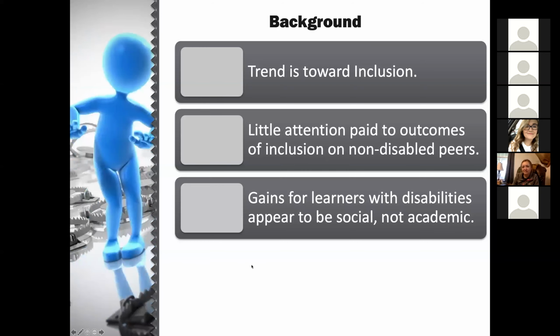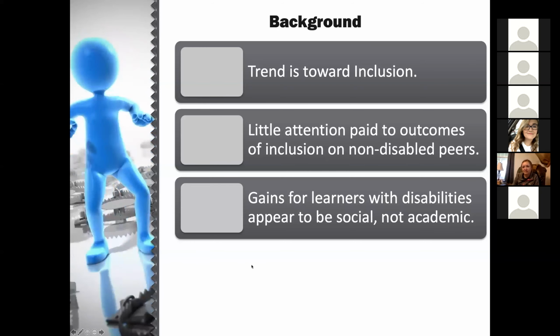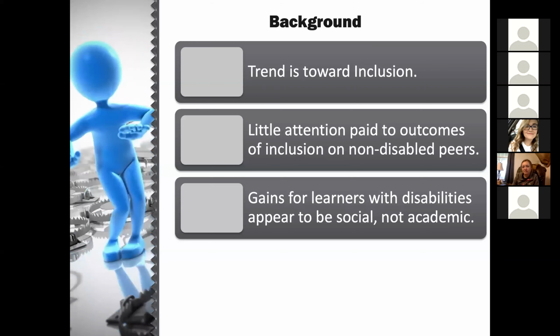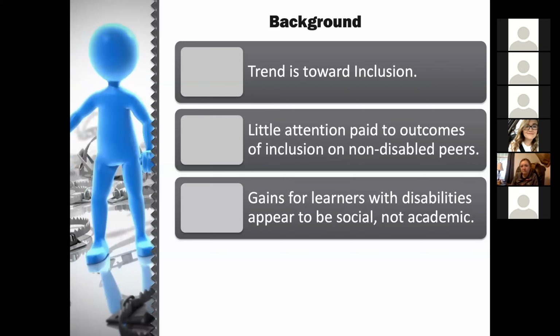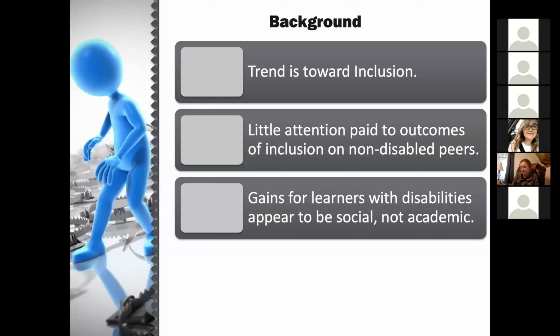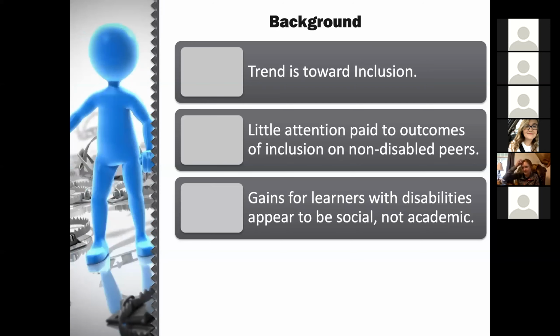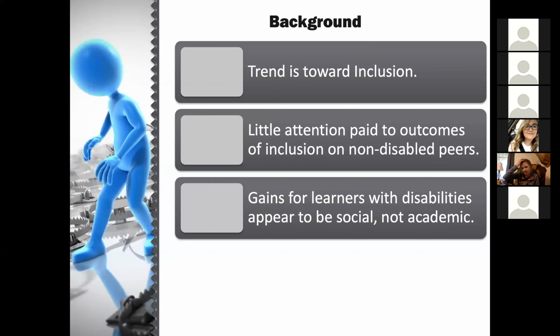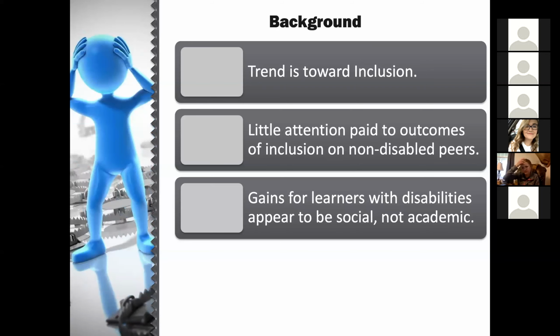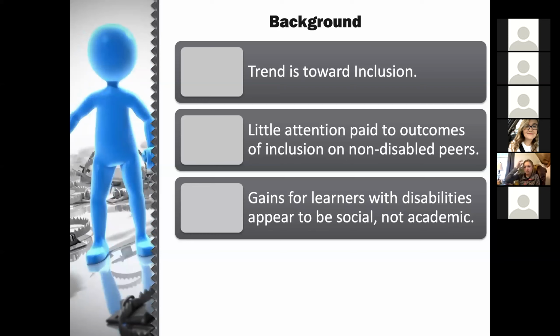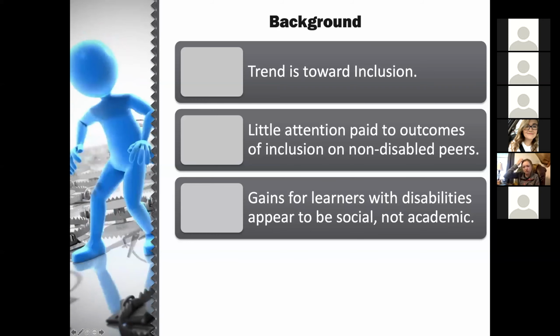Well, we know that people do gain socially, both individuals with disabilities and individuals without disabilities. We gain socially, but academically, we don't know that for sure.